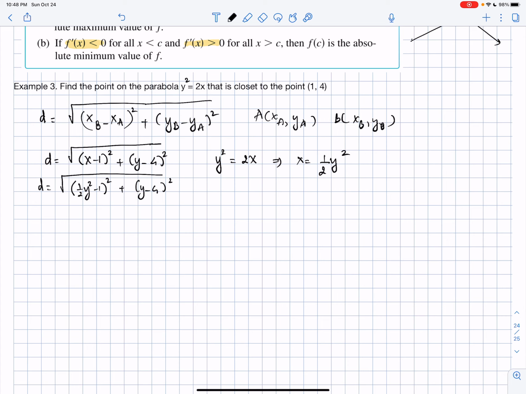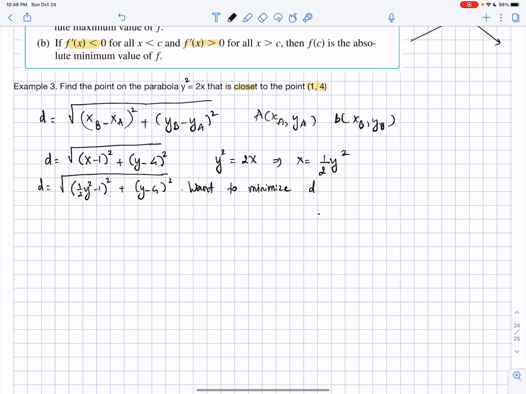So what we want is to find that point to be closest to the point (1, 4). That means we want to minimize the distance. But the distance is the square root, so if we square this, it will be the same. If it's the smallest number, then when you square, it's still the smallest number.